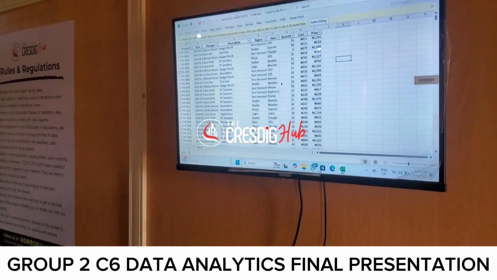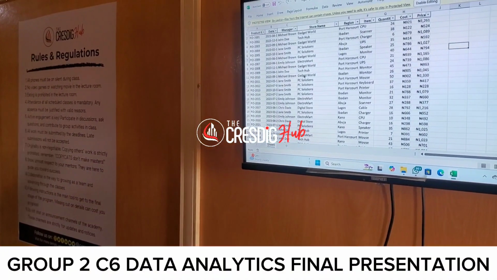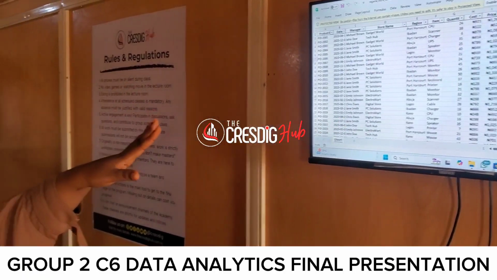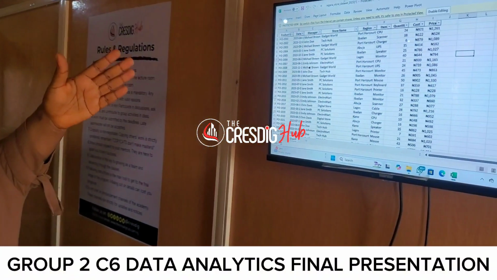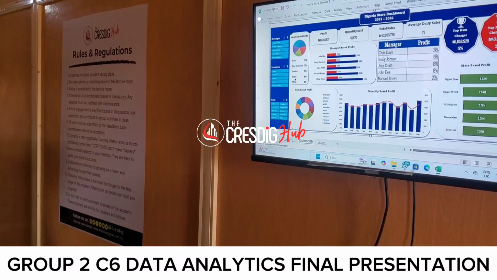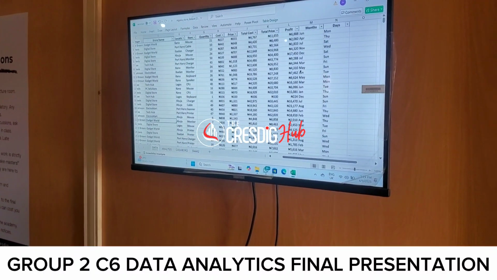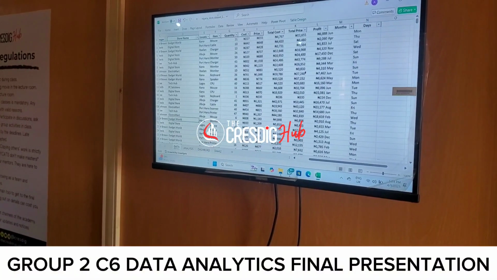So this is the 2023. You can see here we already filtered and we already cleaned our data set, and you can see here there is quantity, cost, and price. And here we can see that there is total cost, total price, profit, month, and day.